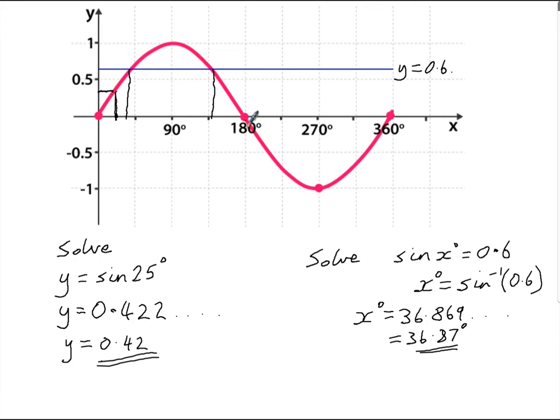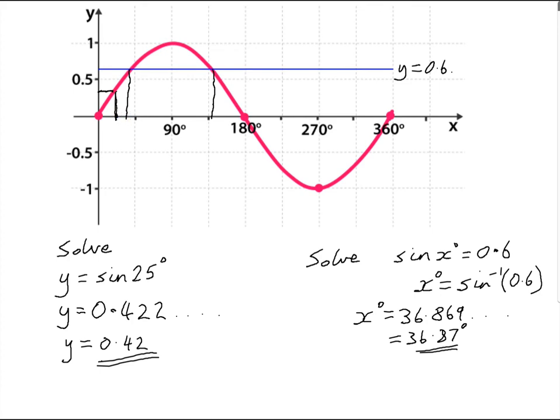Because this is symmetrical from here to the 180, about the 90 degrees, what we can say is that this distance from here to here is going to be the same as this distance from there to there.